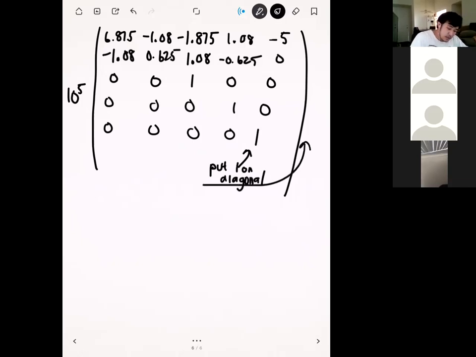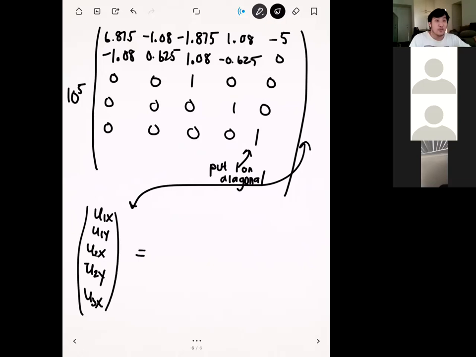And this is going to be multiplied by U1x, U1y, U2x, U2y, and then U3x. Remember, we've eliminated U3y from the system because there was an entire row and column of all zeros.